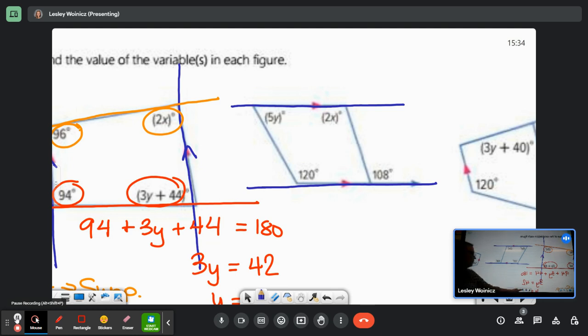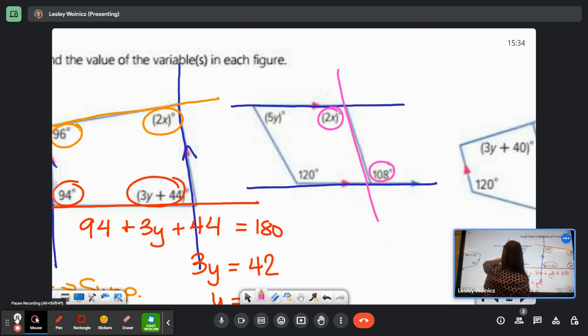For example, what is 108 compared to 2x? Alternate interior or exterior? Interior. Let me change colors. So here's my transversal. They're alternate interiors. So are they congruent or supplementary?